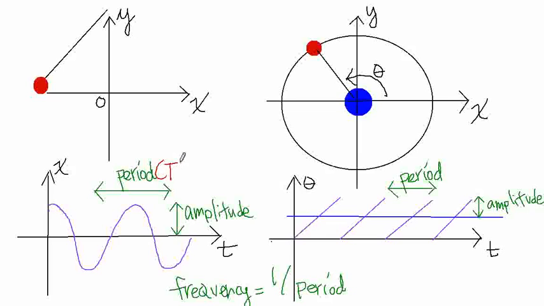The period is often denoted by capital letter T. The amplitude is often denoted by a capital letter A. And the frequency is often denoted by the letter F. So all of that is to say that the last formula that I wrote down there, you can write more compactly this way.